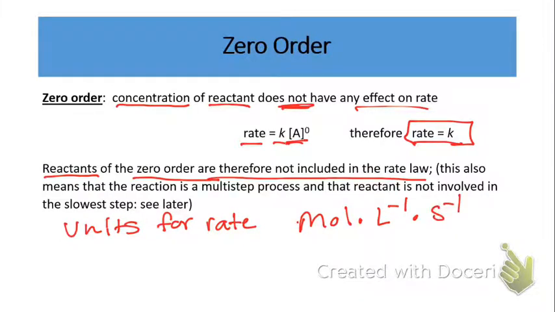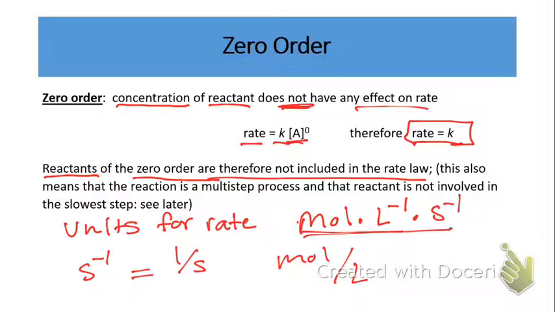Now remember, s to the minus 1 is just equal to 1 per second, and the same thing with liters here: we're looking at moles per liter, and we're just taking the reciprocal of that. And that's typically how we're going to express the units of concentration here.